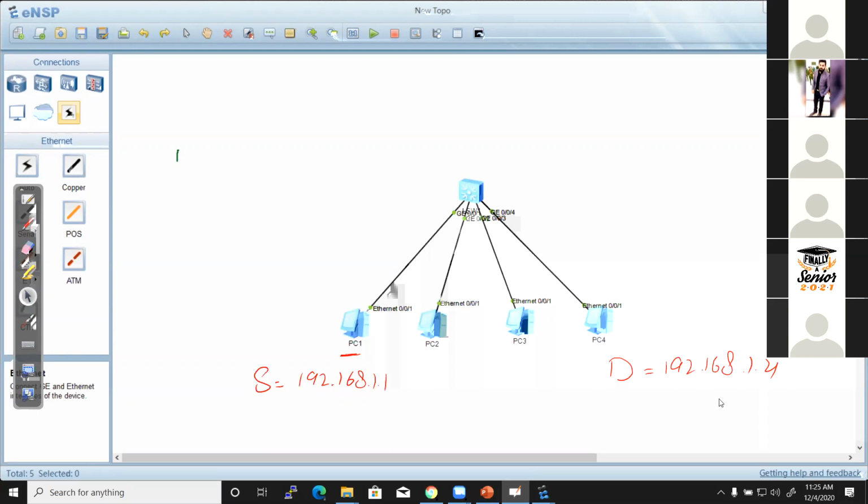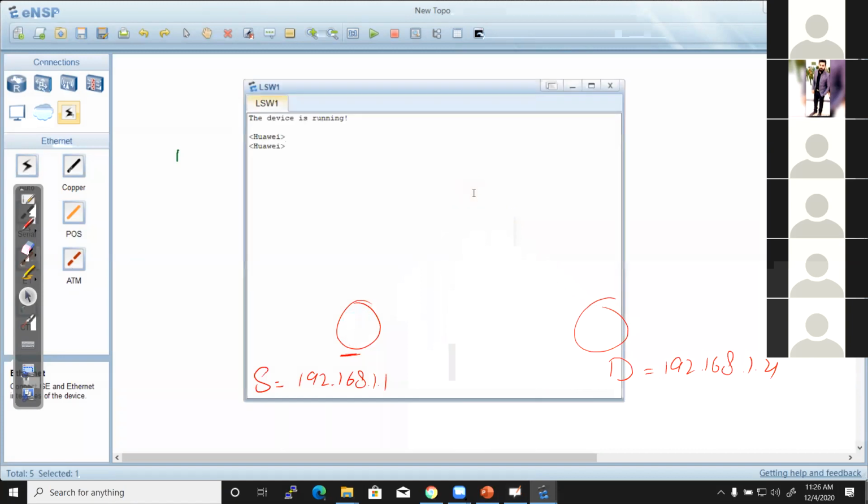Would you be able to communicate with that destination or not? What do you think? This PC wants to communicate with PC4. They should be able to. Okay. I think so. No.